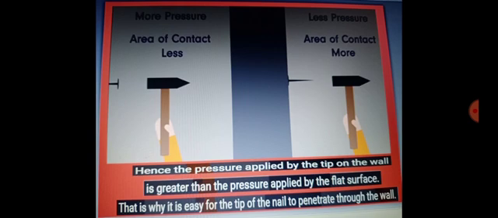In the second picture, area of contact is more, the pressure is less. Hence, the pressure applied by the tip on the wall is greater in the first case than the pressure applied by the flat surface in the second picture. That is why it is easy for the tip of the nail to penetrate the wall than the flat end of the nail.